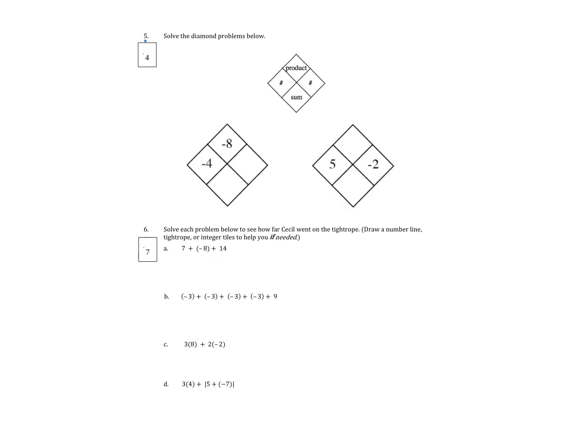All right, so here we are on page 3. Question number 5 tells you to solve the diamond problems below. Please remember that the bottom one down here is the sum, which means you add together. You're going to add for both of these. That's what the word sum means. So the top up here, you're going to get that answer by multiplying.